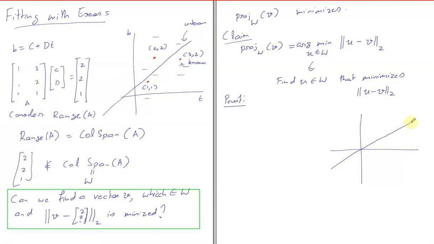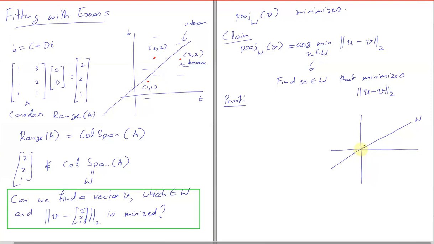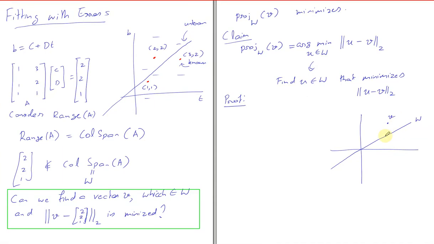Suppose this is the subspace W. This line is a subspace. It passes through the origin, right? And you have a vector v sitting here, and let's say you have the vector u here. u is a vector in the subspace.